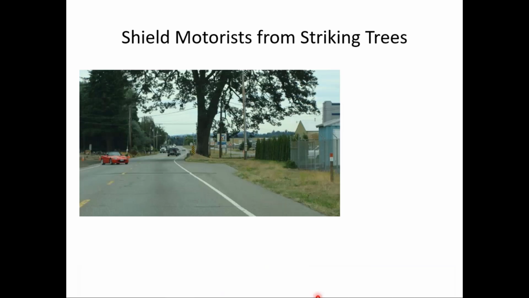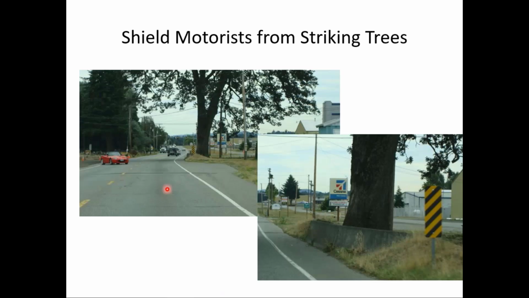I think this is in California, but this is an interesting technique of shielding the motorist from striking the trees. And I'm not sure if this tree is historic or if it's kind of an endangered species of tree or what, but notice they kept the tree there relatively close to the roadway, but they have kind of shielded it or attempted to shield motorists from that tree.